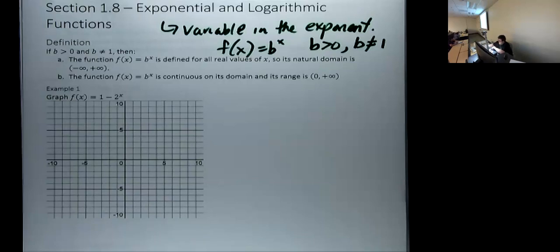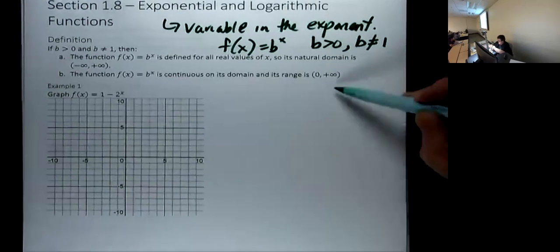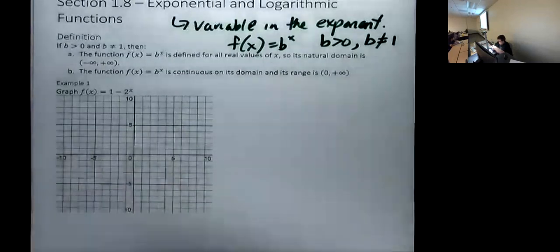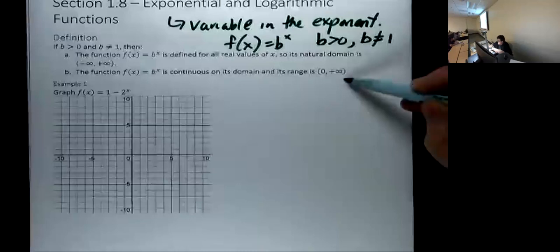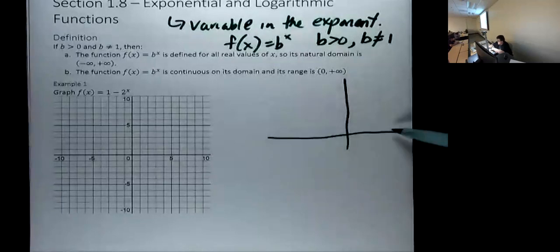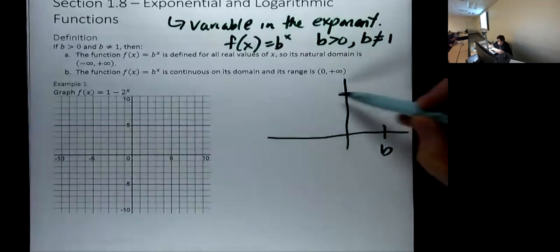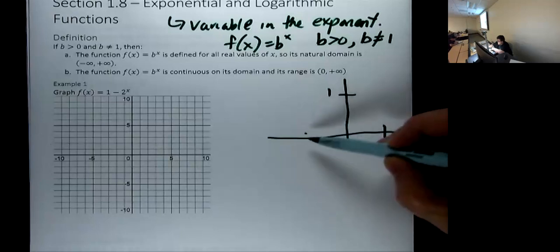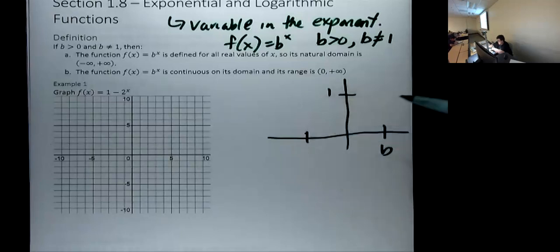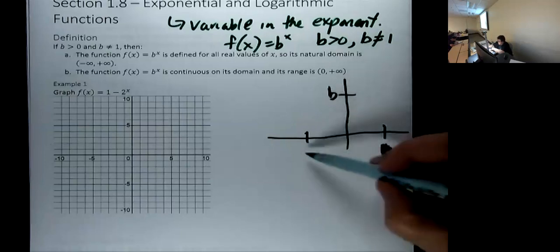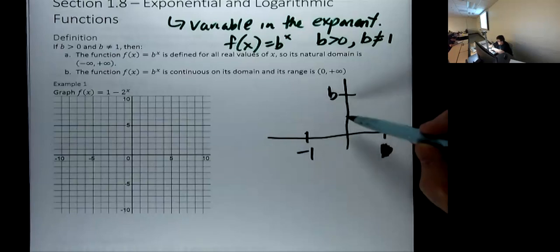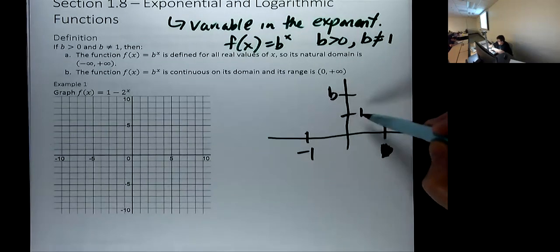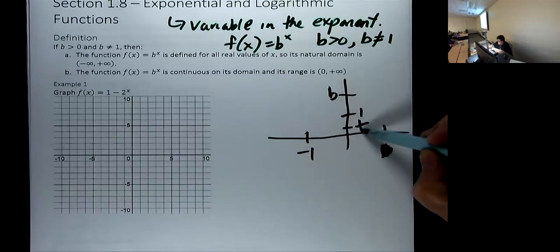As a reminder, the graph of b to the x in generic form: I want 1 there, I want b here, I want negative 1 there. We got 1 there, and we got 1 over b here.